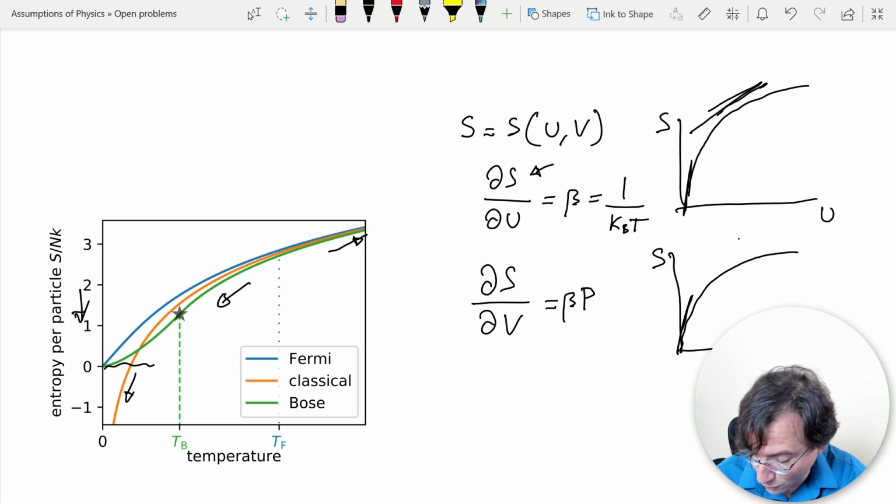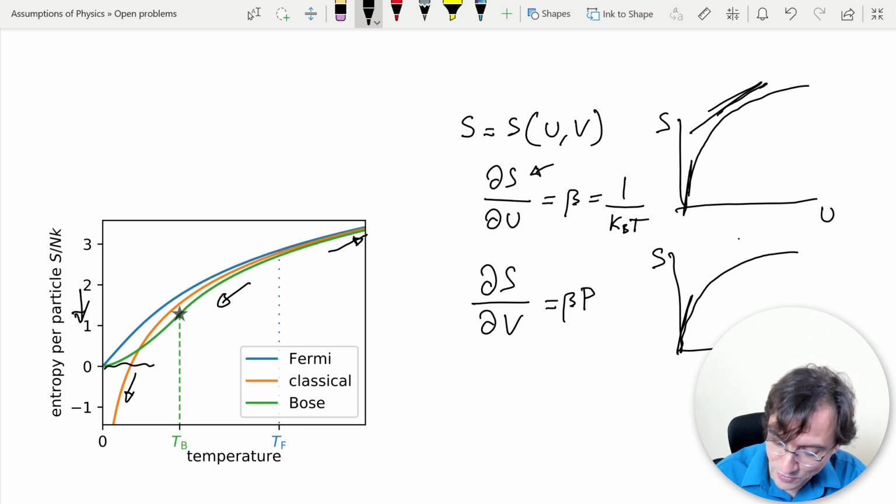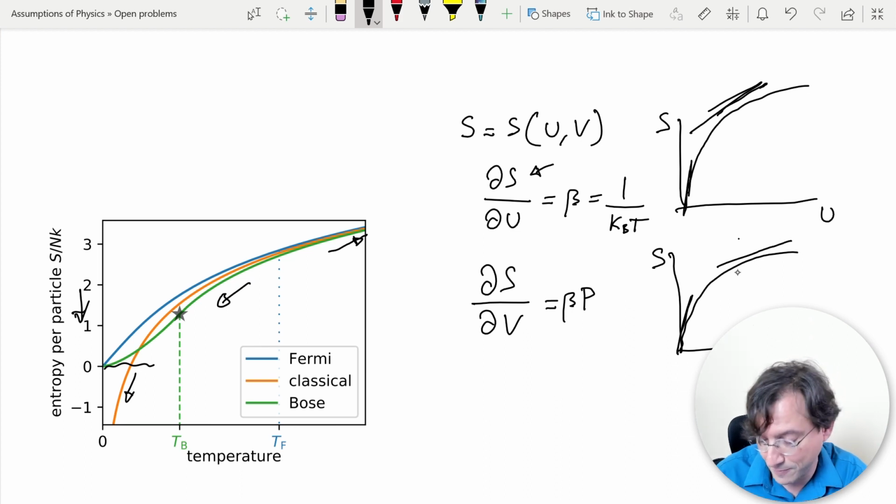So now beta times P is the slope, and if we have low volume, we're going to have low entropy and a high slope, which corresponds to high pressure. And if we increase the volume, if we decrease the pressure, then we're going to have high entropy. So high pressure means low entropy, and low pressure means high entropy.